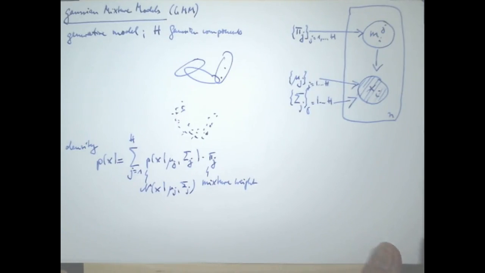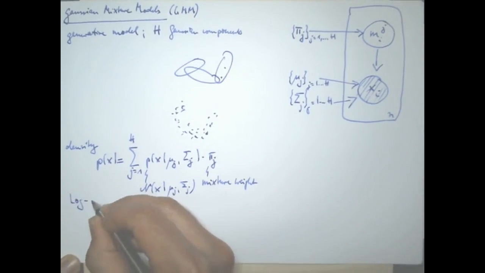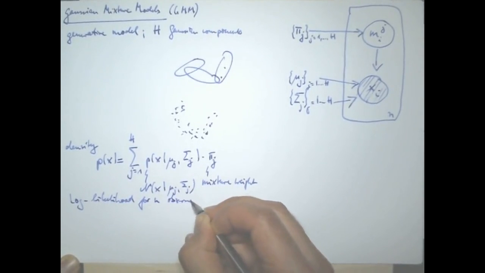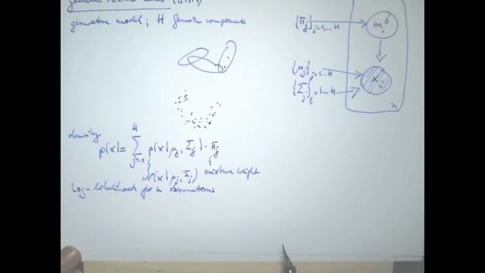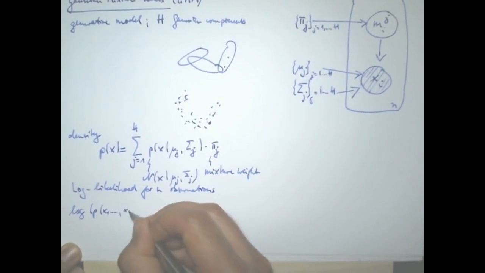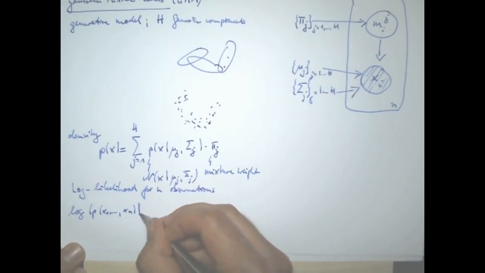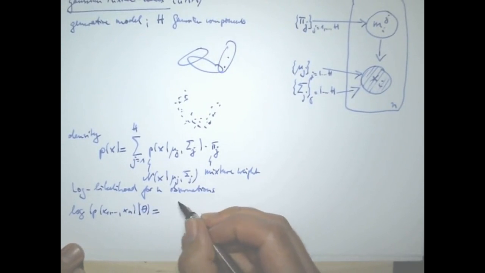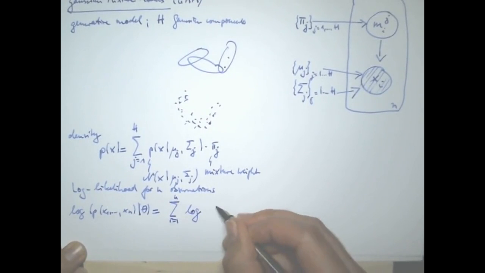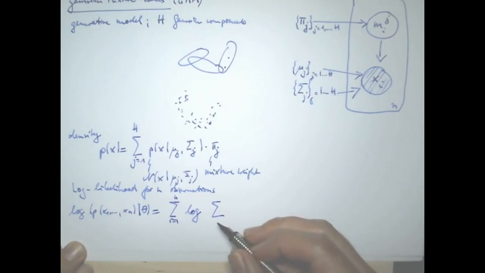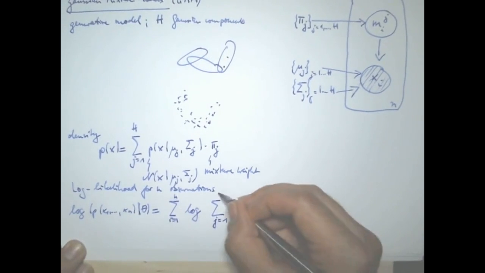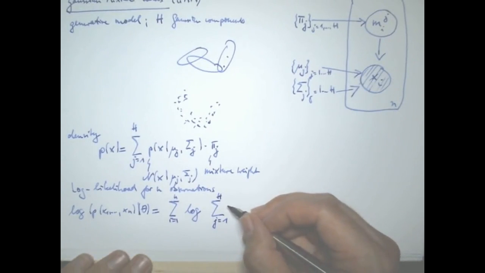So that's for a single observation, and now the log likelihood for a total of n observations is the log of the product of these terms. Here I have this ugly summing out, or marginalizing over the unknown variable inside the log, which gives us all these numerical headaches.